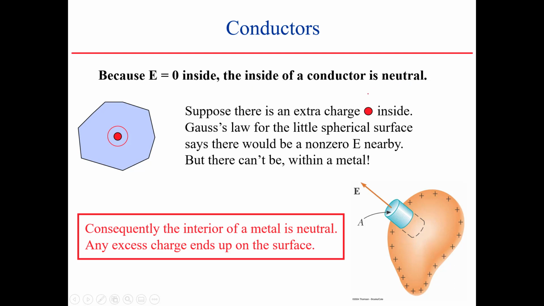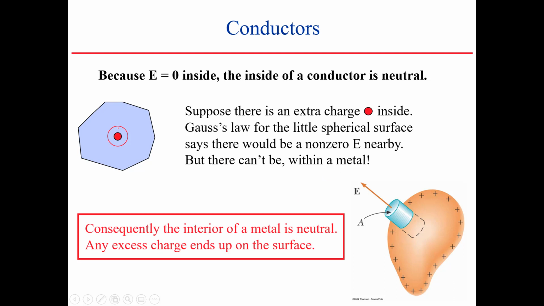Okay? So, suppose there is an extra charge inside. For example, there is an extra charge here. Gauss' law for the little spherical surface says that there would be a non-zero electric field nearby. But there can't be within a metal.